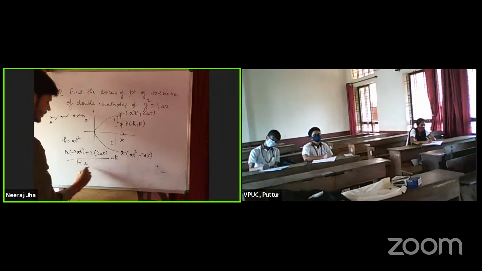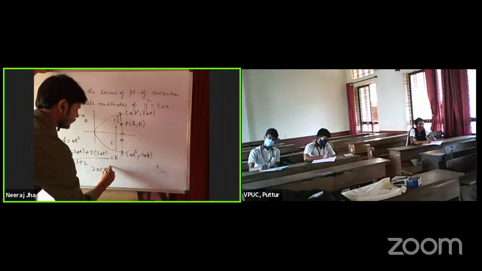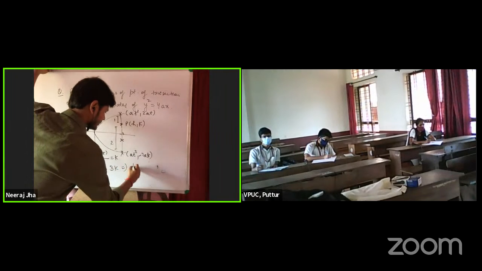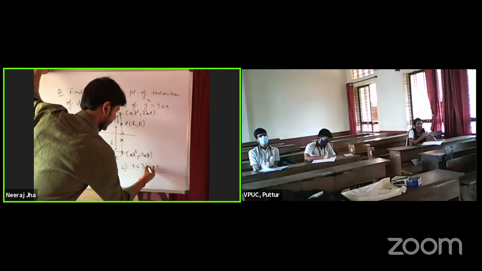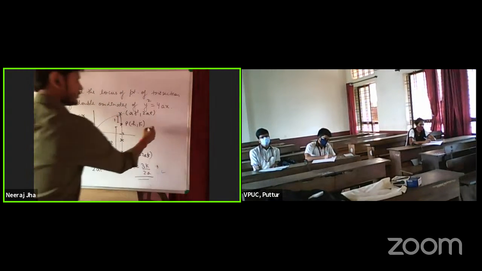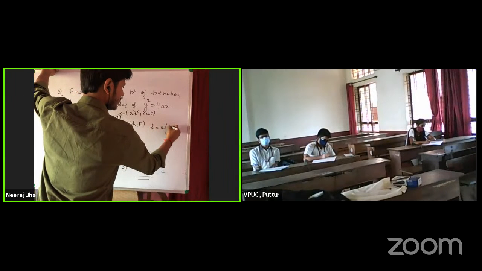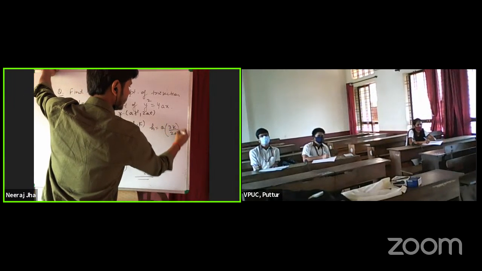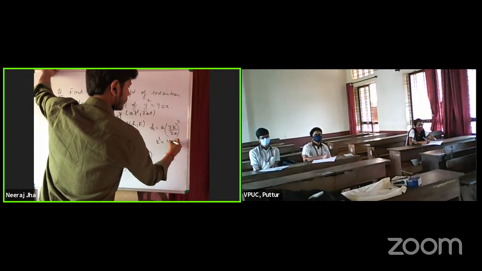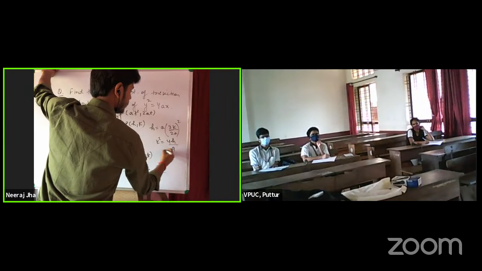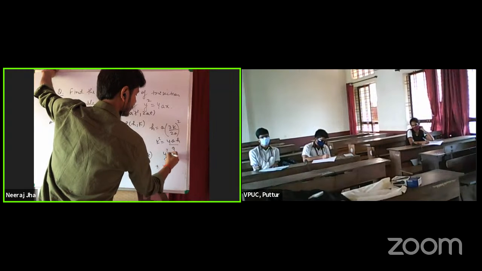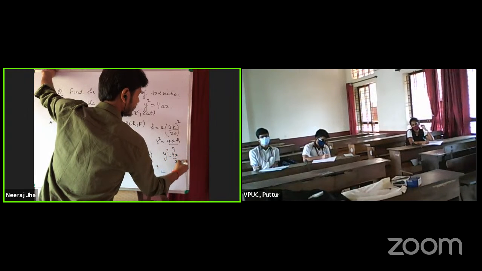Hence, 2at is equal to 3k, which implies that t is equal to 3k upon 2a. I will put the value of t over here, so I get h is equal to a into (3k upon 2a) whole square. That means k square is equal to 4ah by 9, or y square is equal to 4a upon 9 into x.